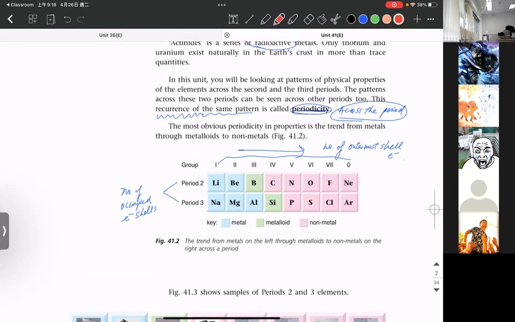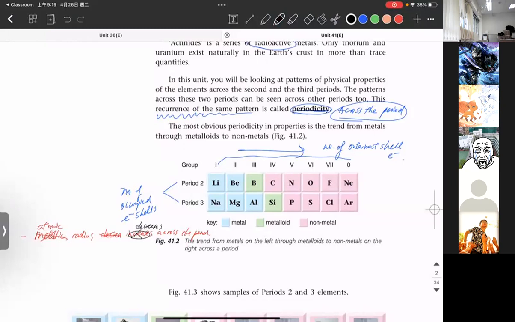The atomic radius goes up across the period. Atomic radius, what happened across the period? Increase, or decrease? Agree? All of you agree? Now it decreases, right? It decreases. Okay, what else?